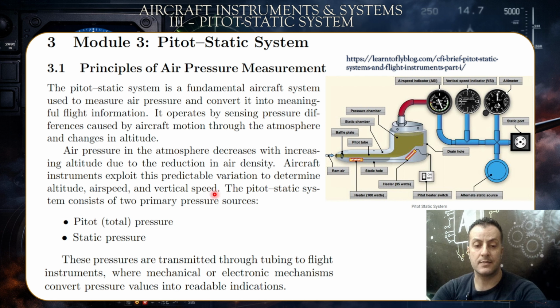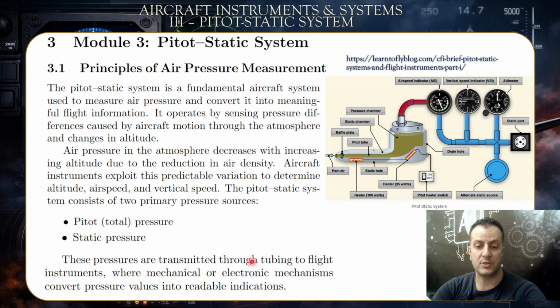The pitot-static system consists of two primary pressure sources. You have the total pressure, which is static plus dynamic pressure, by the way, and the static pressure, which is the pressure of the closed air within the static source. This is where you have sealed the air when the aircraft was still on the ground, on the runway, before climbing, before starting the journey.